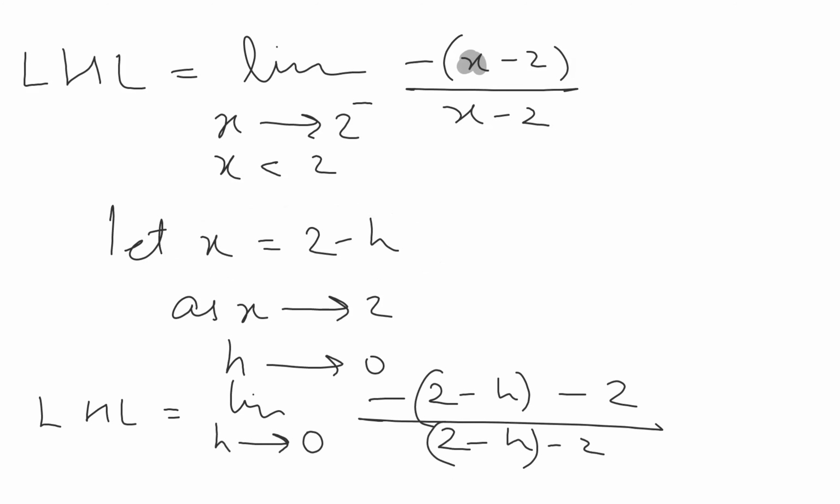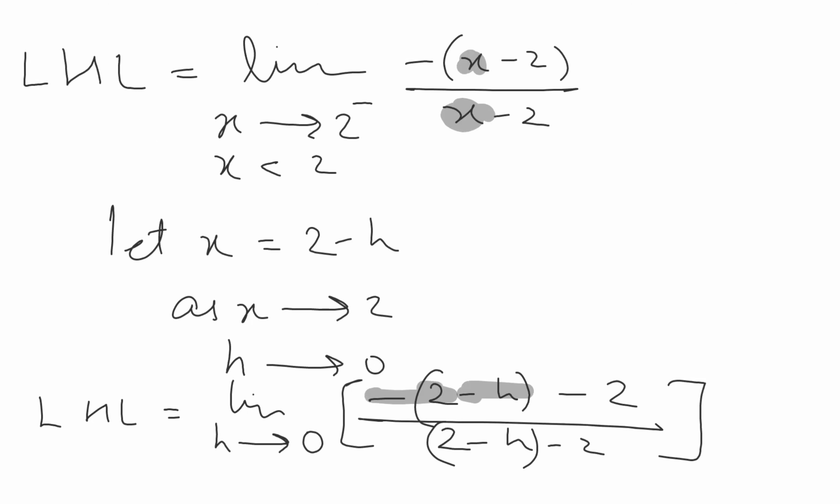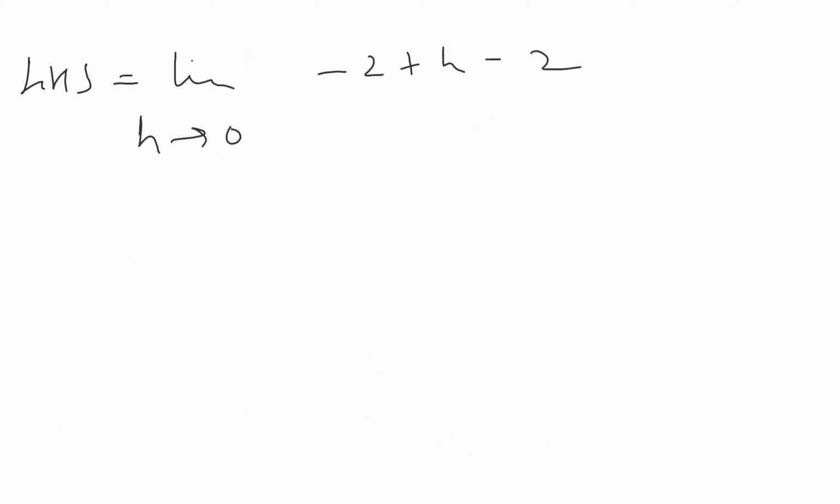We'll simplify this further. So LHL, the left hand side limit, is limit h approaching 0 of minus 2 plus h minus 2, and down 2 minus h minus 2.